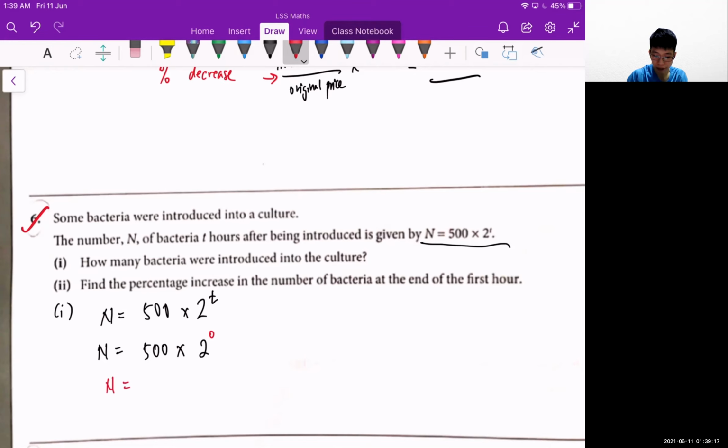So my N will be 500. That means there are 500 bacteria being introduced in the first place. So once you have found the original value, you can go ahead and solve for part 2. So I leave it for you to go and try it out. Thank you. So remember to watch the next video for the next higher level of percentage change.